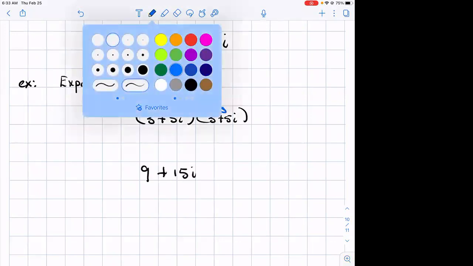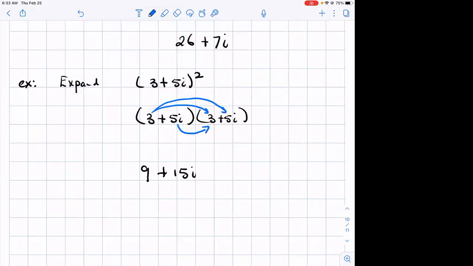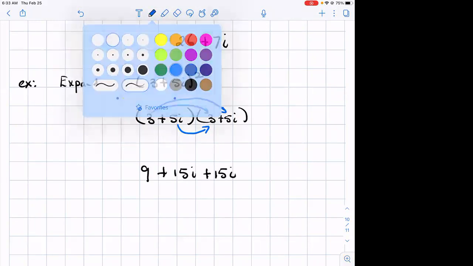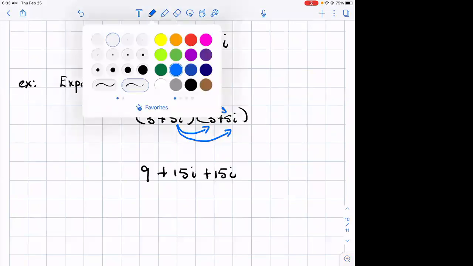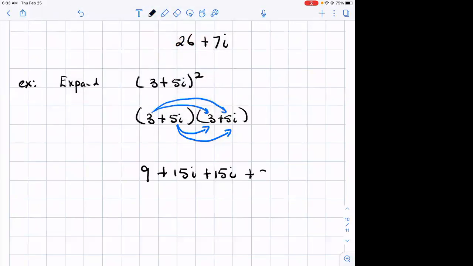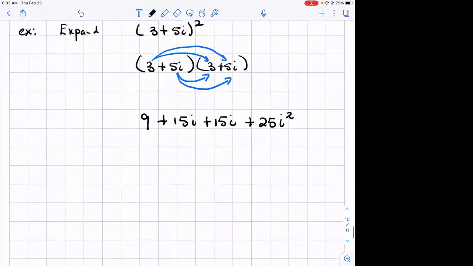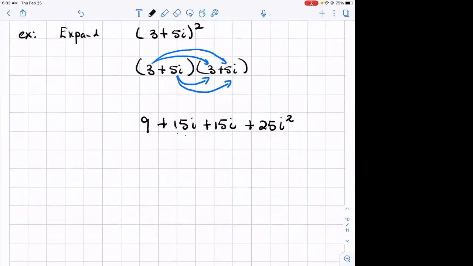And then we move on and we say 5i times 3, and that becomes again plus 15i. And then finally 5i times 5i becomes positive, 5 times 5 is 25. i times i becomes i squared. Okay. We combine the like terms here.